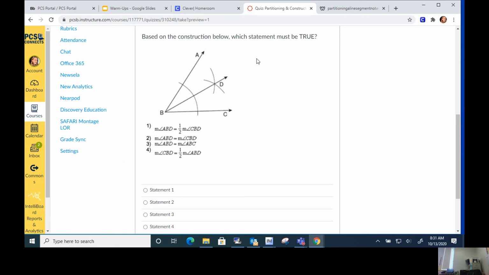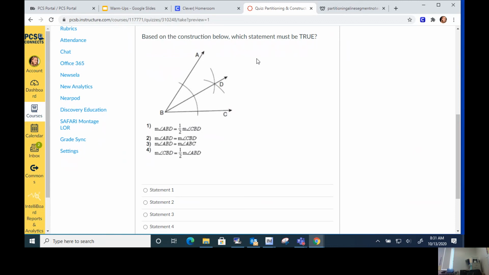Is that true? CBD right here. So is this green angle half of this blue angle? Is this number half of this number? No, they're the same. So guess what? Number 1, not.